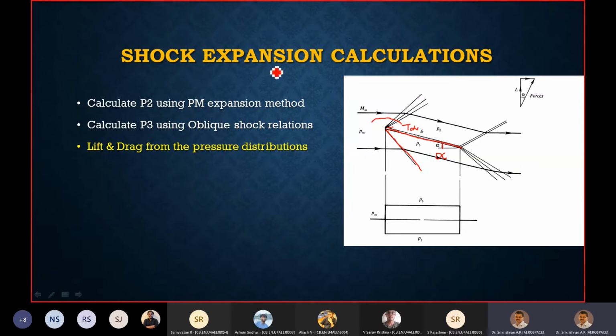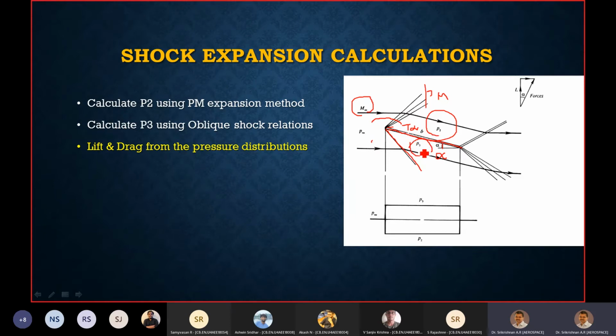So I can calculate the pressure in this region using Prandtl-Meyer expansion. If I know the upstream Mach number and the angle of deflection, which is the angle of attack alpha, then I can solve for this region. Similarly, knowing the free stream Mach number and this angle, I can calculate the shock region.